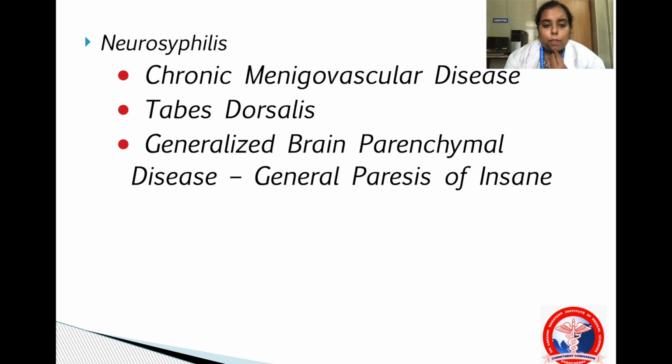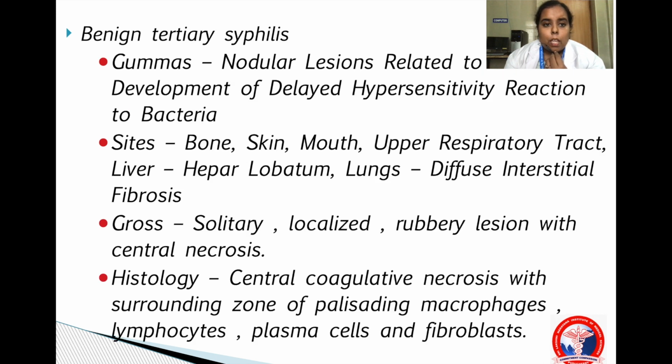What is neurosyphilis? It consists of chronic meningovascular disease, tabes dorsalis, and generalized brain parenchymal disease, that is general paresis of the insane. What is benign tertiary syphilis? They consist of gummas. These are nodular lesions due to a delayed hypersensitivity reaction to the bacteria.